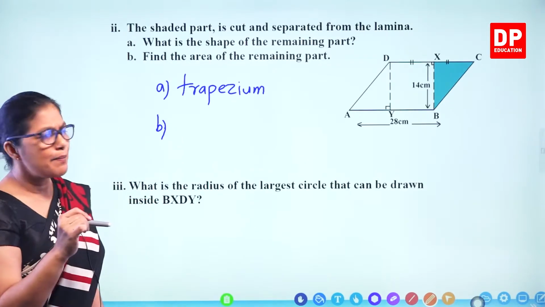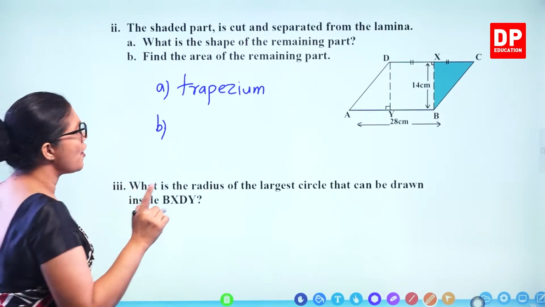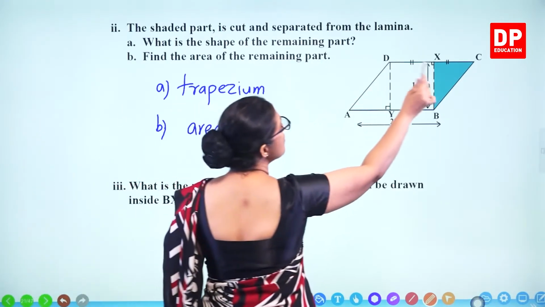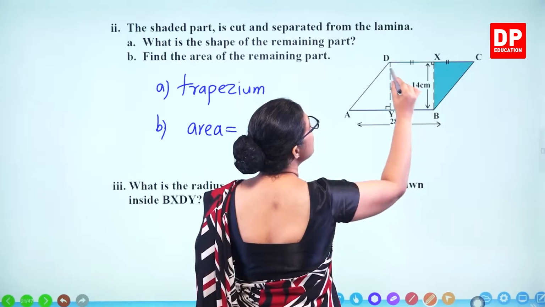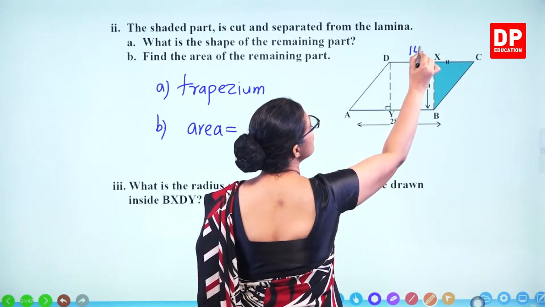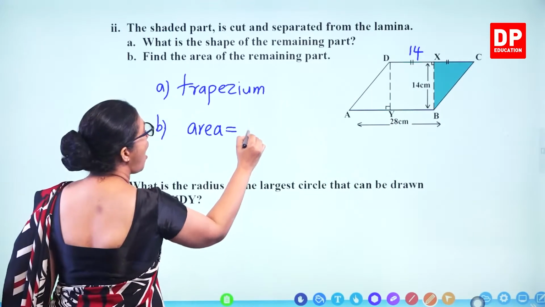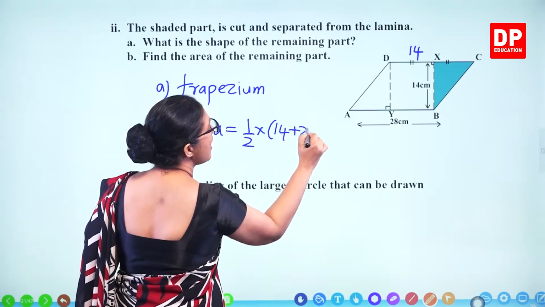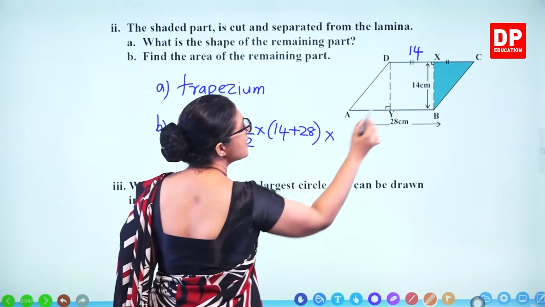Find the area of the remaining part. So, how you find out the area of a trapezium? If you know the lengths of 2 parallel lines, this is 28, this is half of it, that's 14. So, half into addition of the 2 parallel lines into perpendicular height.